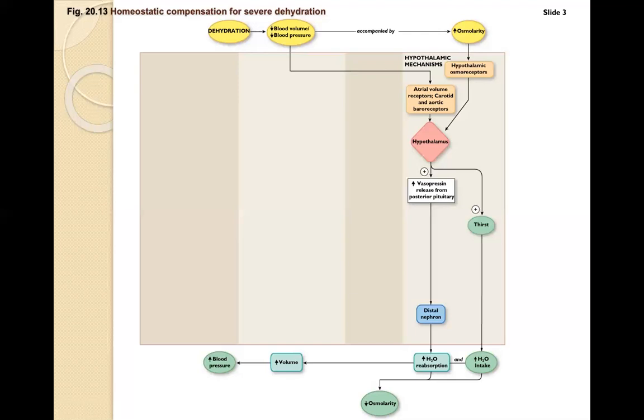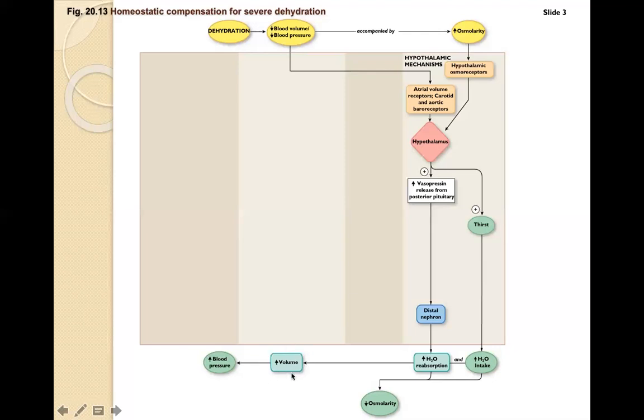At the same time, the hypothalamic response to this high osmolarity is to increase thirst. And so that increased thirst will yield a higher water intake. And together, that higher water intake and more water reabsorption will hopefully increase the blood volume.